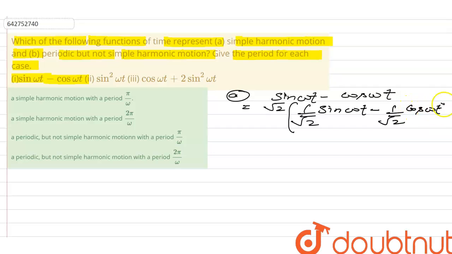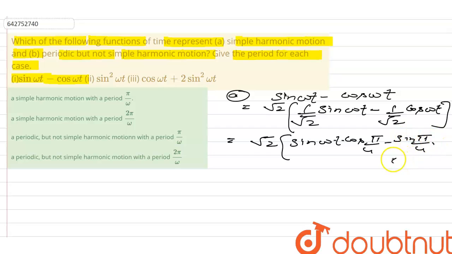The value 1 by root 2 is the value of cos pi by 4, and also sin pi by 4. So this will become sin omega t cos pi by 4 minus sin pi by 4 cos omega t.